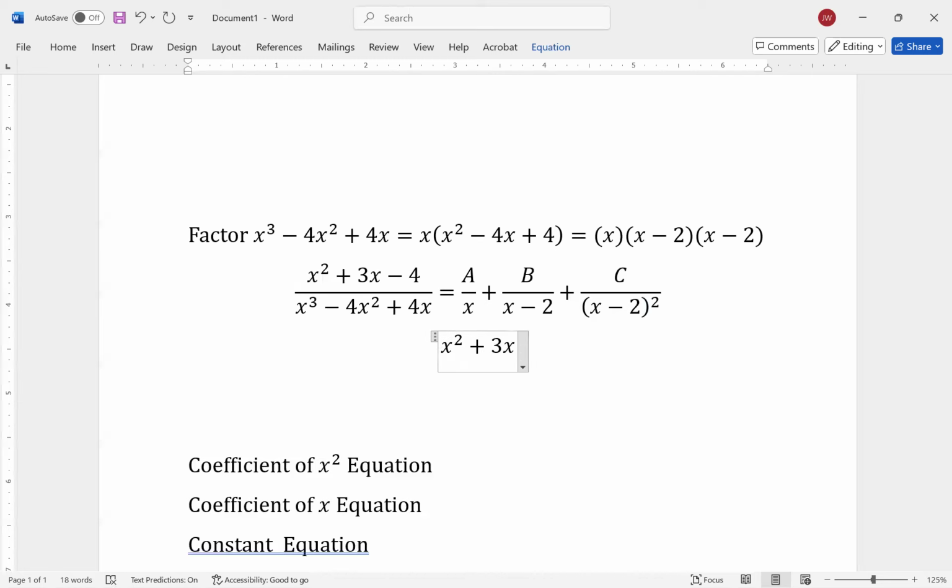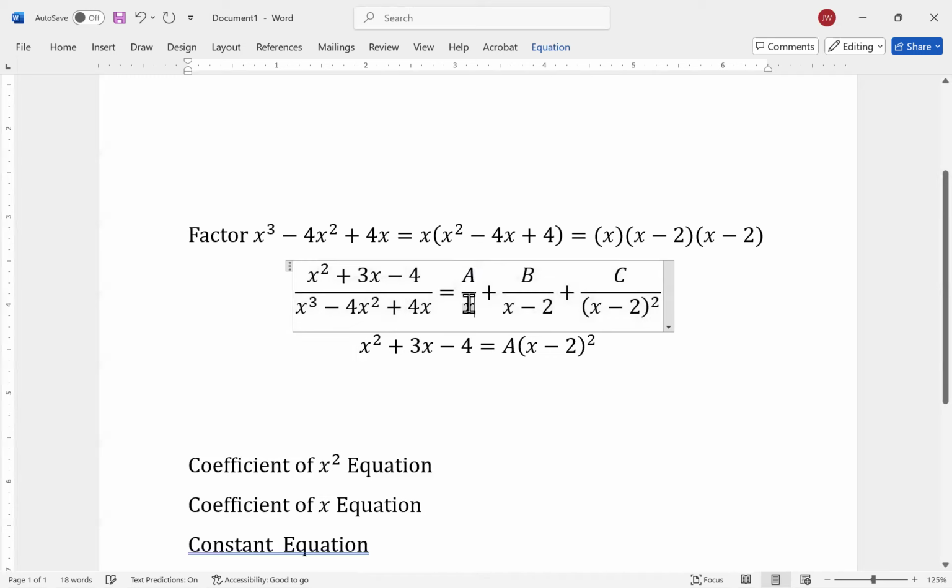If I'm forcing numerators to match up, that means I'm forcing common denominators. For the fraction A over x, to get a common denominator, A would have to multiply by x minus 2 times another copy of x minus 2. So for this first fraction, we need to multiply top and bottom by x minus 2 squared.